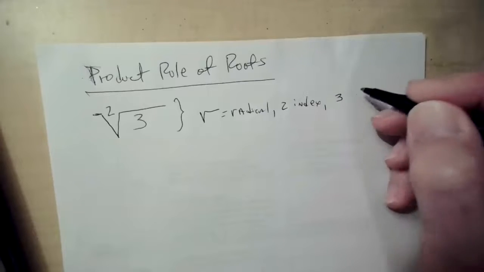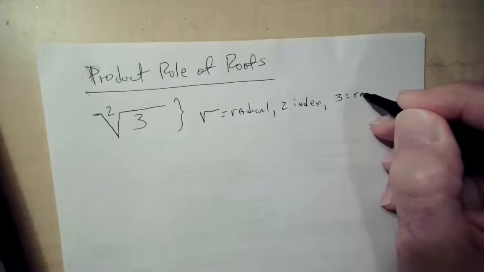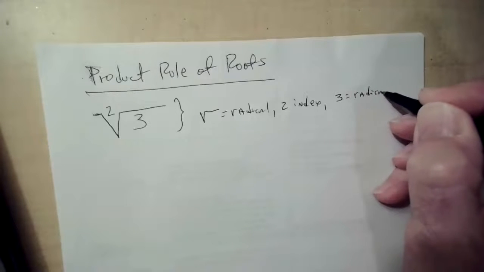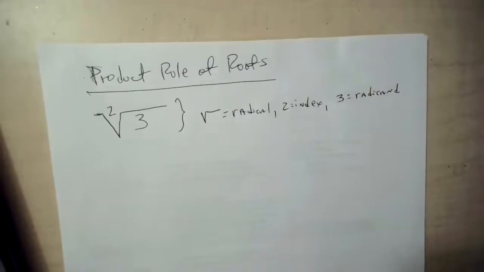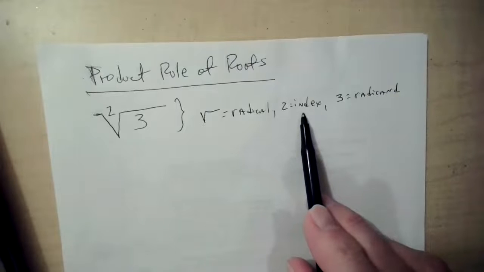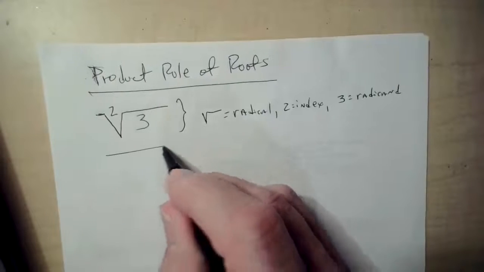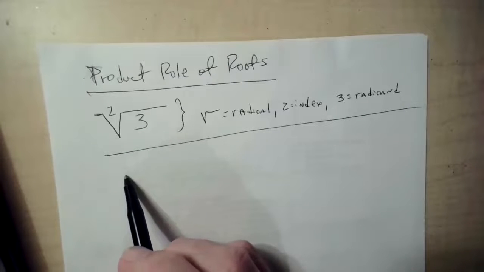And the 3 is the radicand. And again, the radical is kind of important. The index we'll use from time to time, but that's what all that misery is.